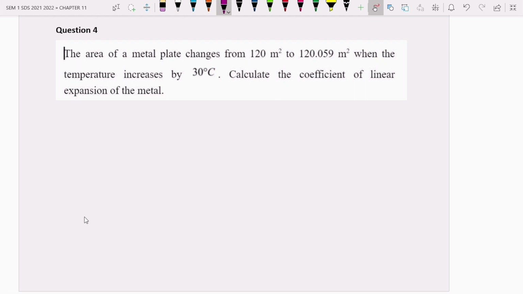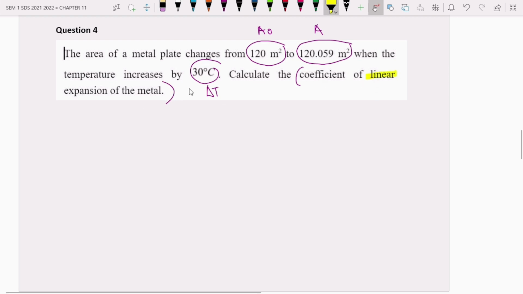The area of a metal plate changed from 120 meters squared to 120.059 meters squared. So this is the initial area, whereas this is the final area. When the temperature increases by 30 degrees Celsius, so this is the temperature difference, calculate the coefficient of linear expansion of the metal.